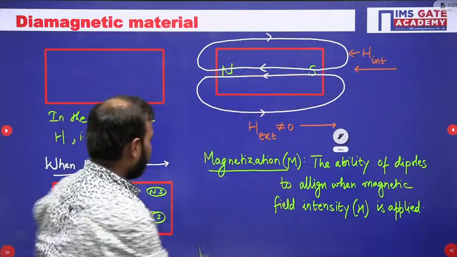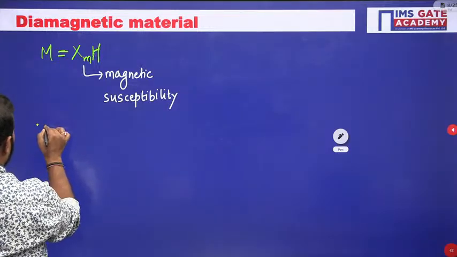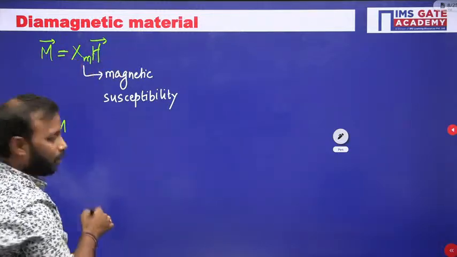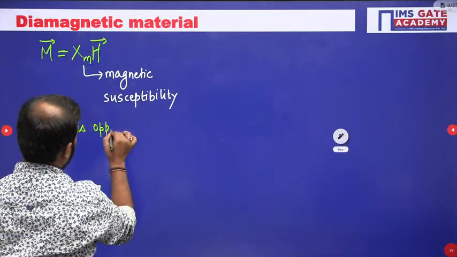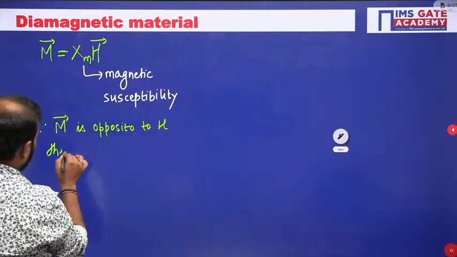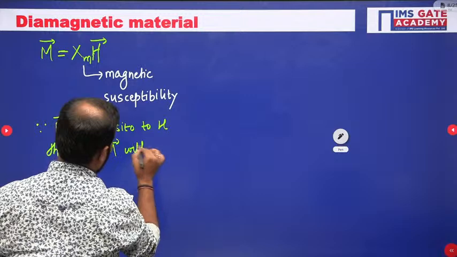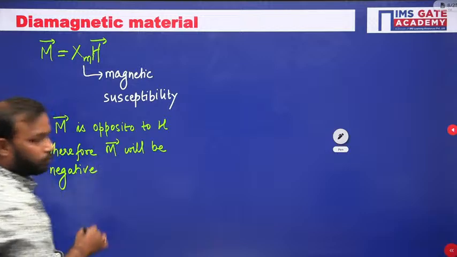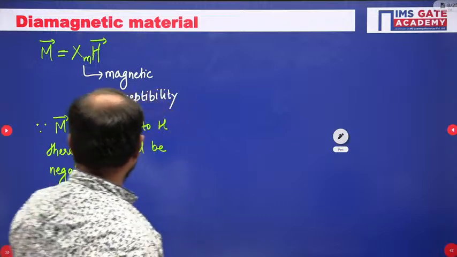What it means is that since M is opposite to H, therefore M will be negative. Any doubt? Therefore M will be negative.